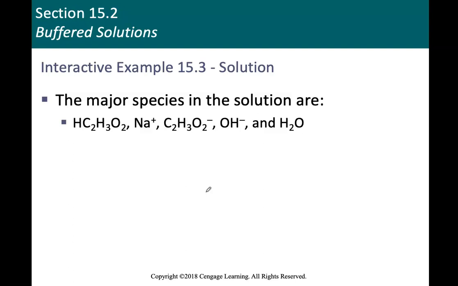So let's go in here. The major species in solution for the weak acid is the molecular acid, and in the salt it comes with its ions, and we have water in solution.